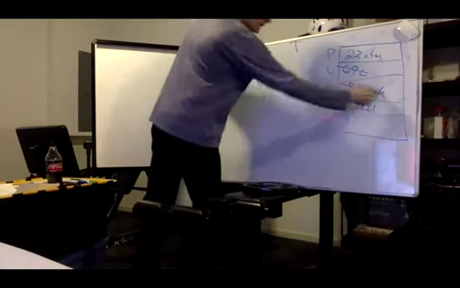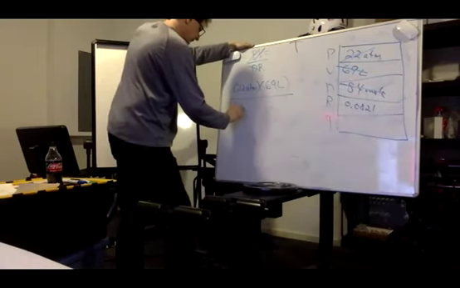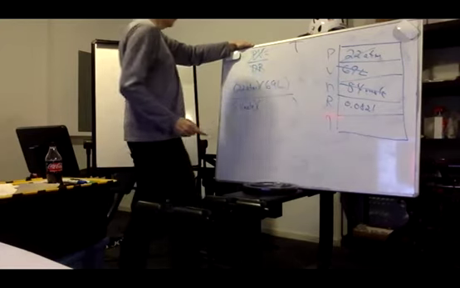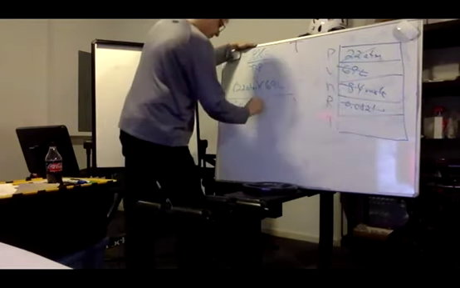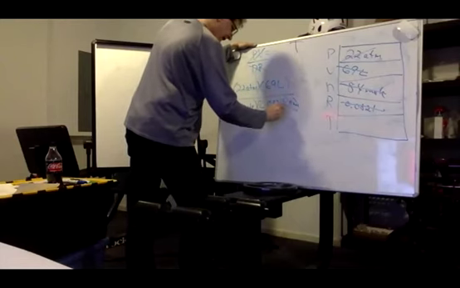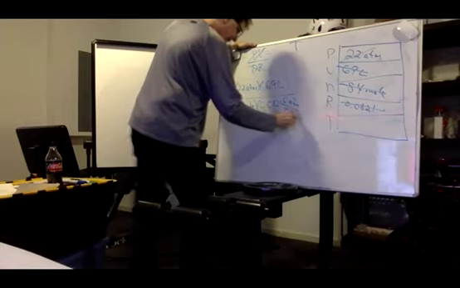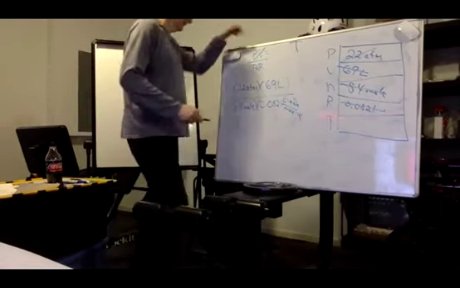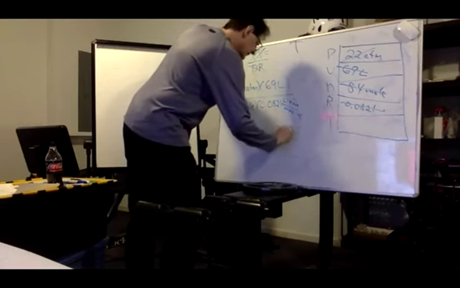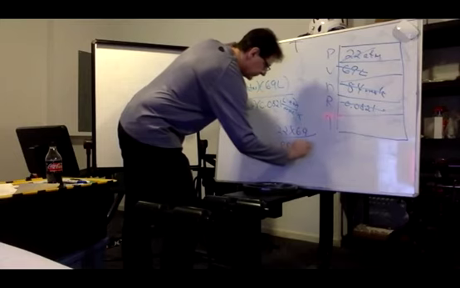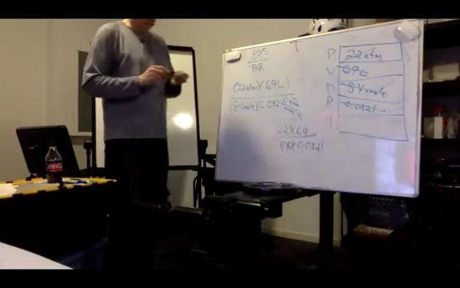N, 84. And R. So 22 times 69 divided by 84 times 0.0821.